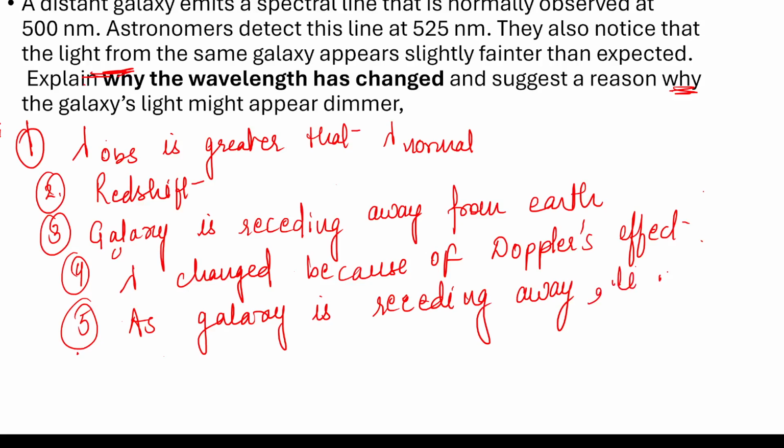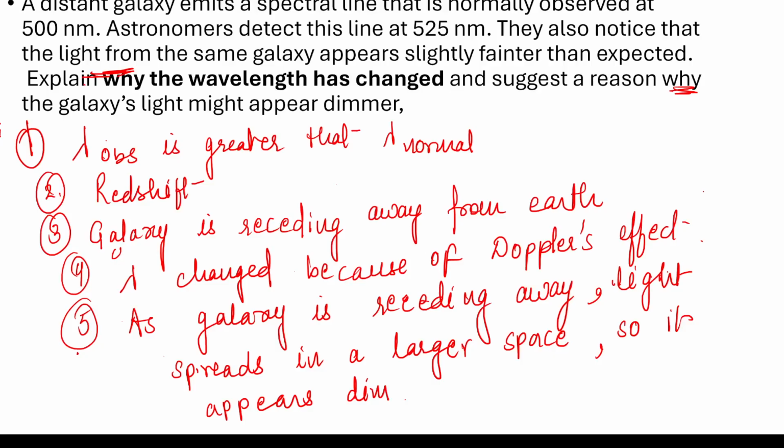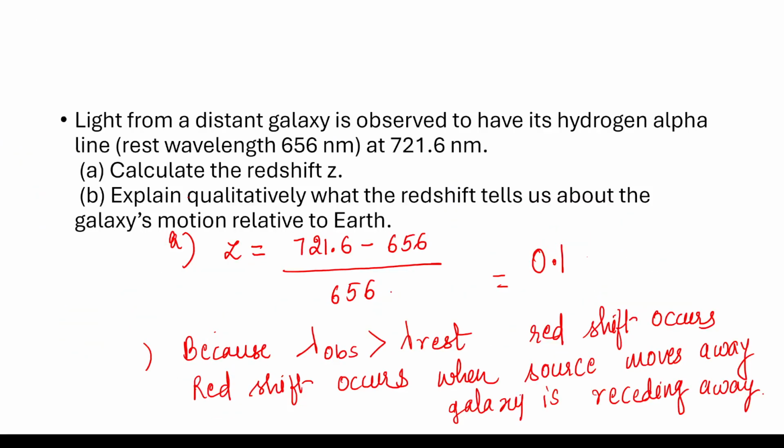Inverse square law: light spreads over a larger space, hence it appears dimmer. That's it. Some of the questions appear so obvious, but it's over and over the same thing.